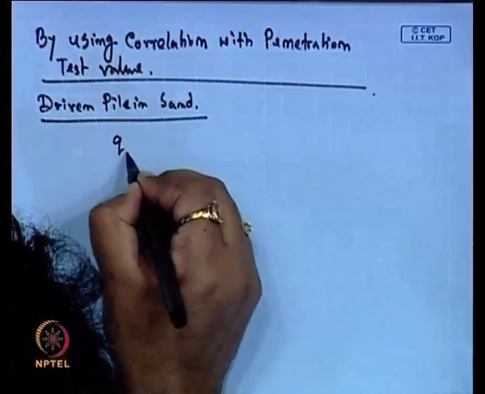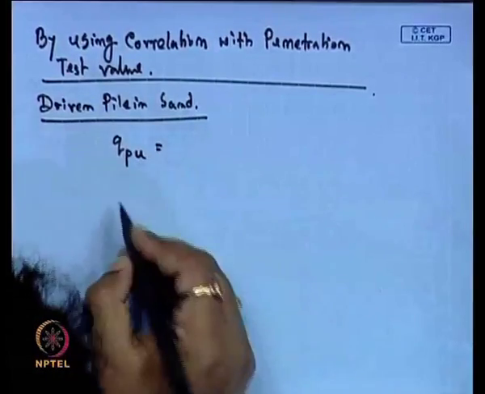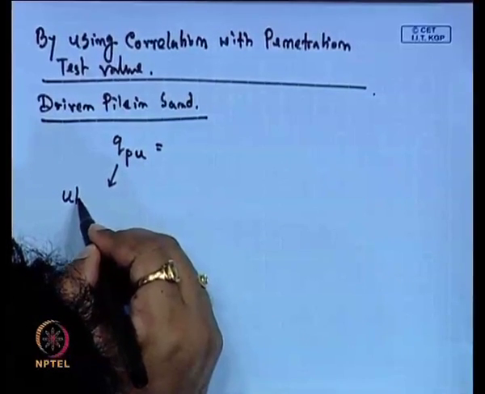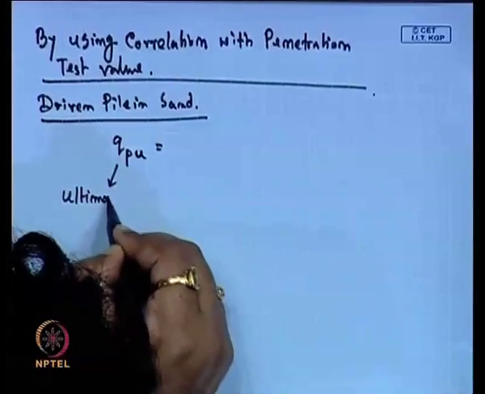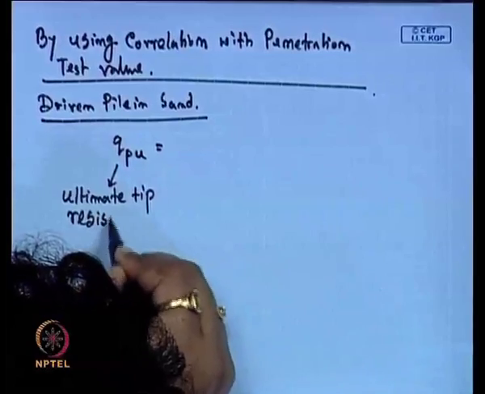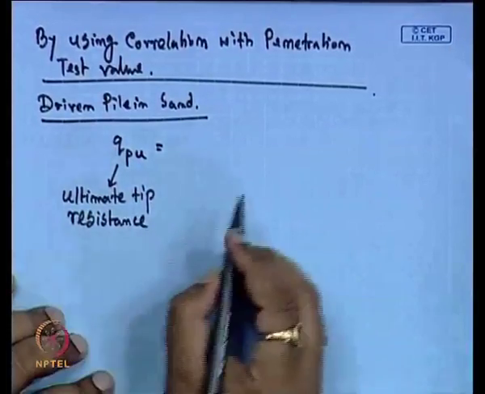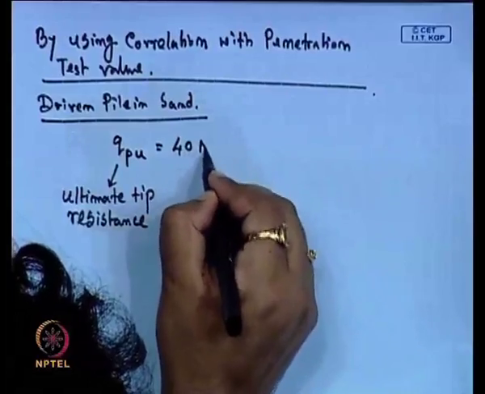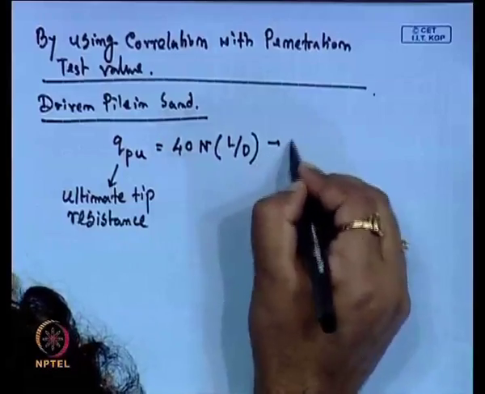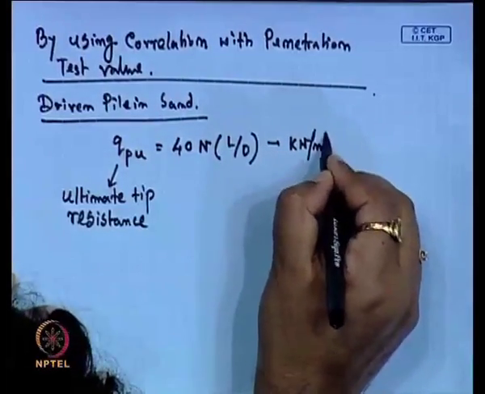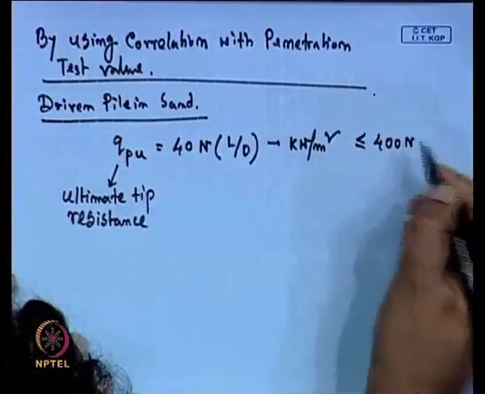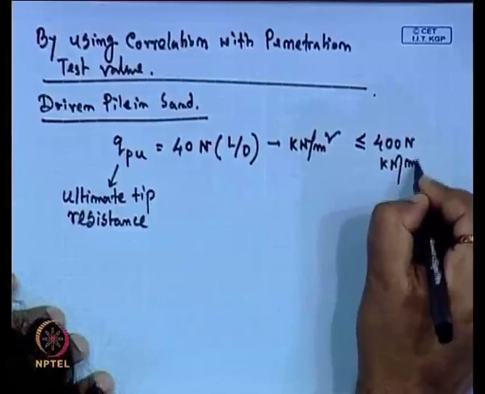So, here Q P U, that means the ultimate tip resistance, is 40 N into L by D, in kilonewton per meter square, but that should be less than or equal to 400 N kilonewton per meter square.